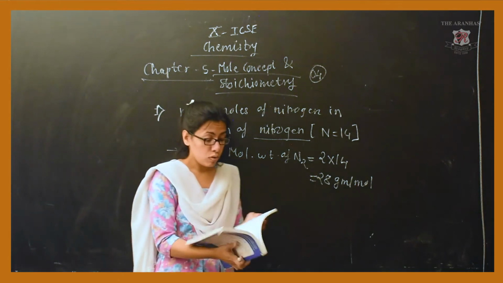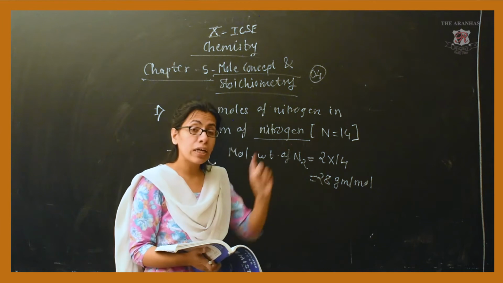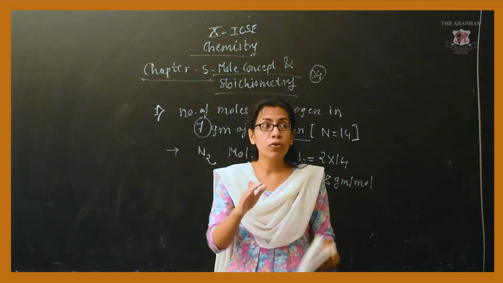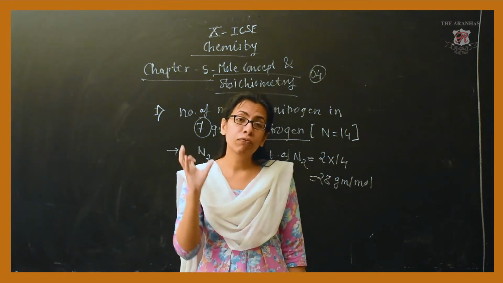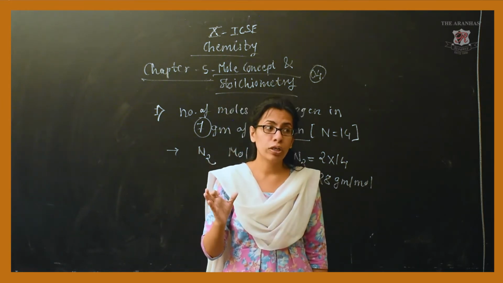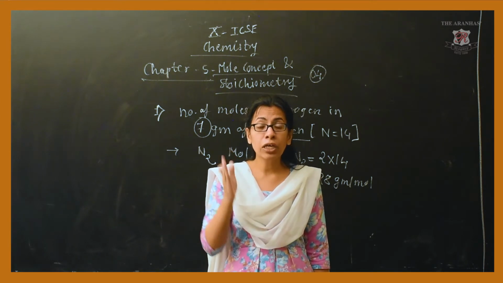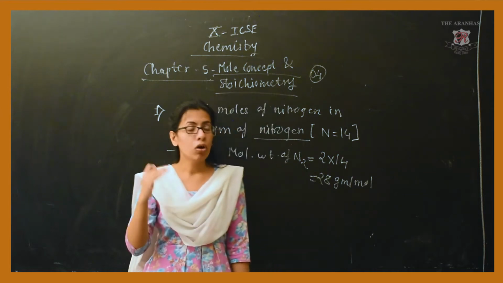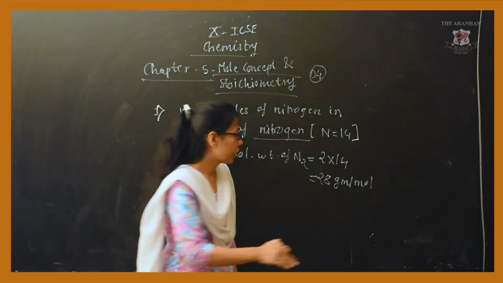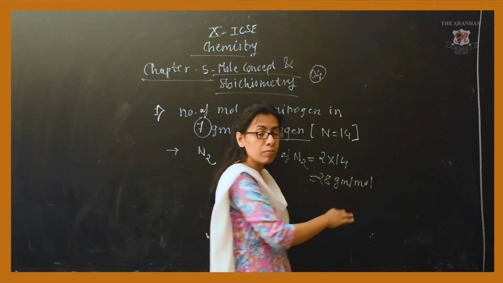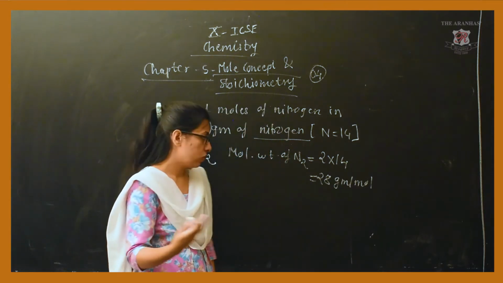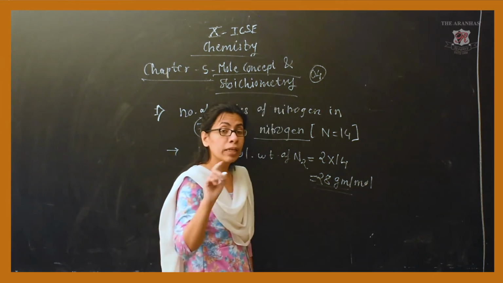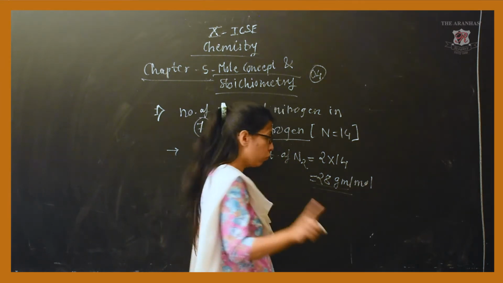If 28 grams is the molecular weight, always remember that the molecular weight of any molecule is equivalent to 1 mole. Means 1 mole of a particular molecule is equivalent to how many grams? Its molecular weight. So these many grams contain how many moles of nitrogen? 1 mole.